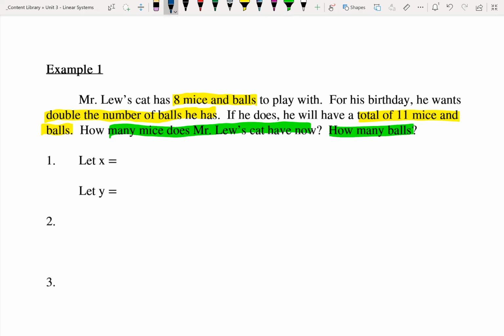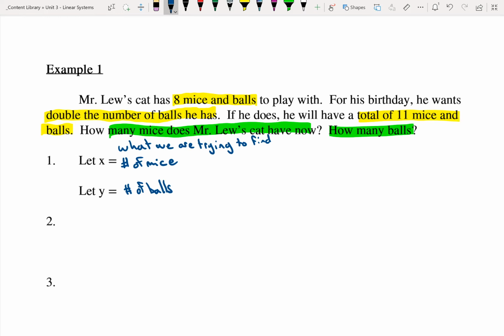So we need to have our two variables, x and y. We need to let them represent two things. The easiest thing to do is to let them represent what we are trying to find. And what we are trying to find here is, first, the number of mice, and secondly, the number of balls.